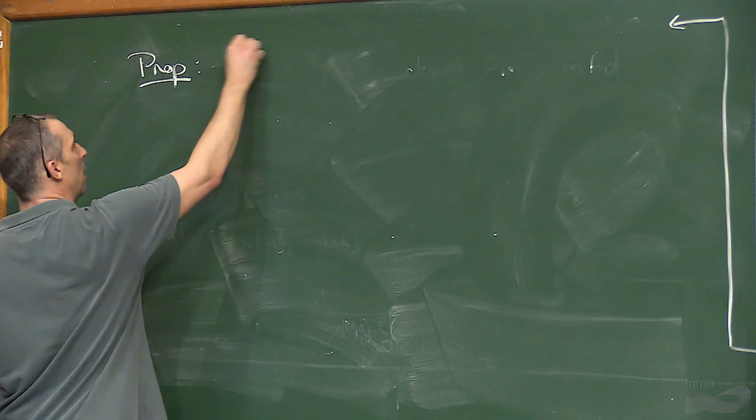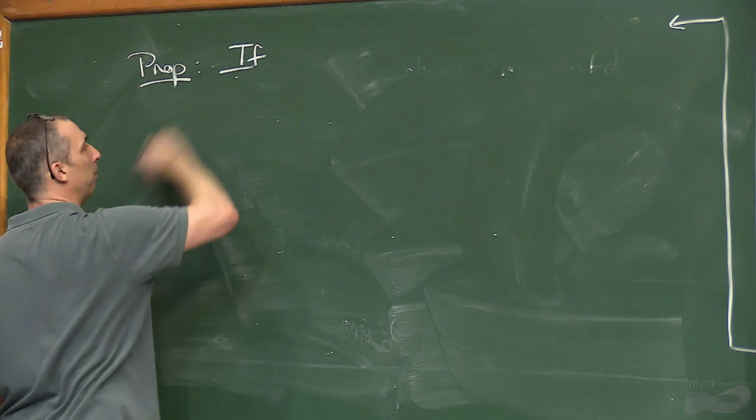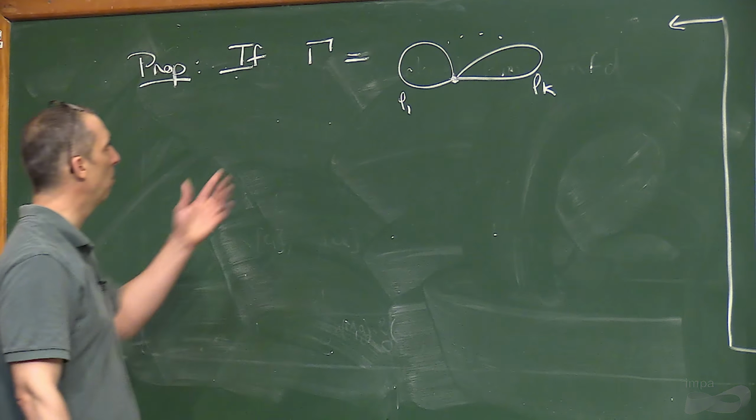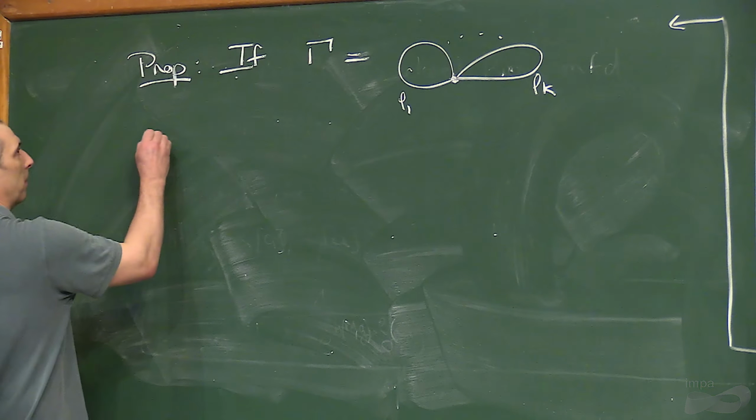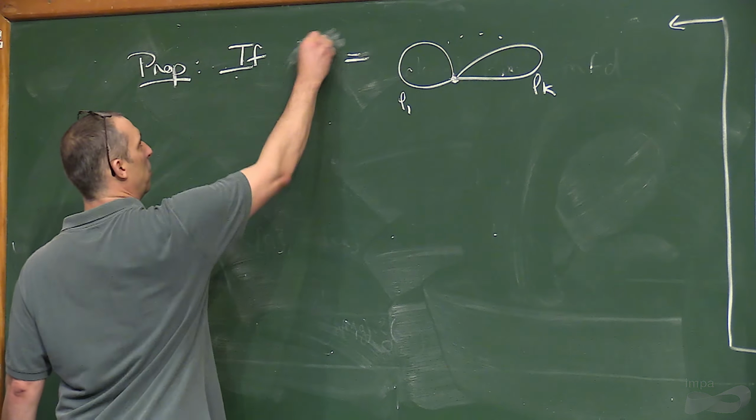So if you have a metric graph, G, which looks like the following one. You take a point and you take loops of length L1 to Lk. So this is a bouquet of circles of length L1 to Lk.